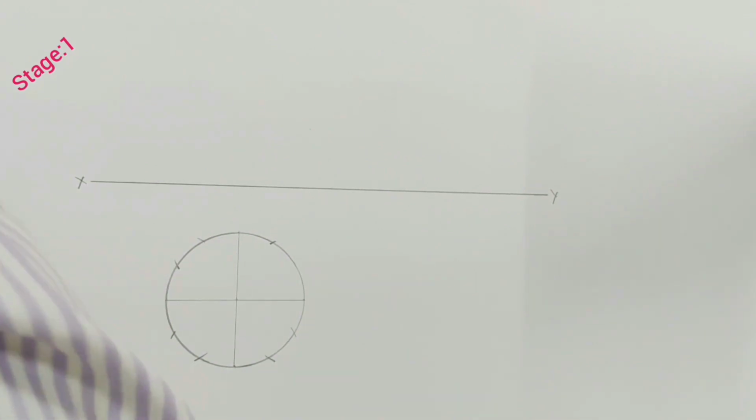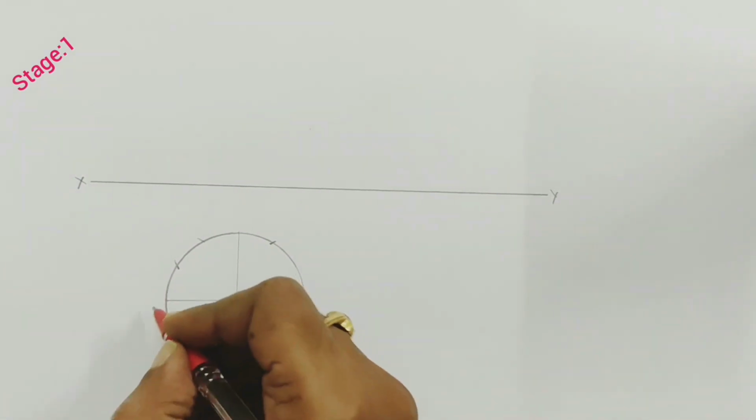Then as the cylinder has two bases, we will name the two bases.